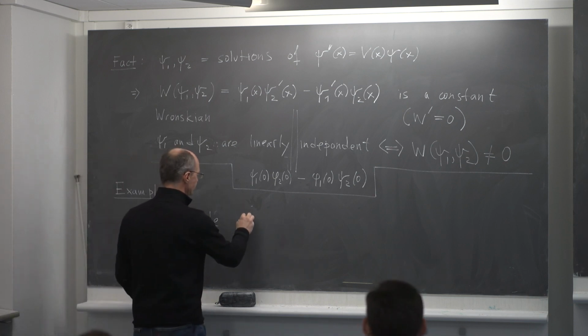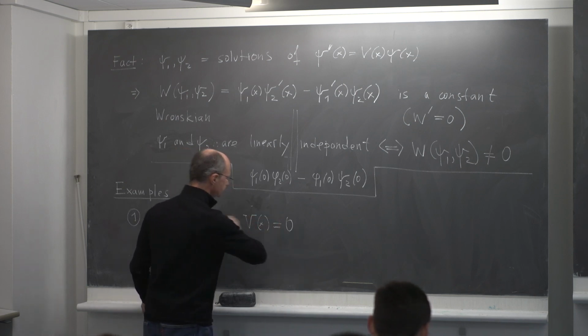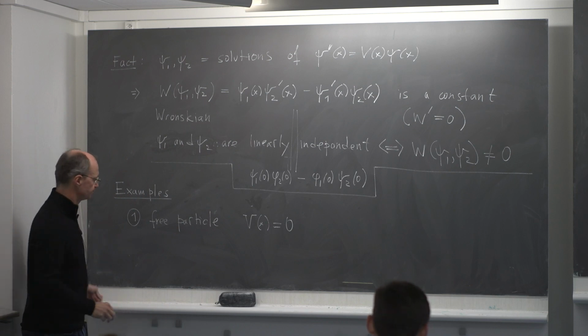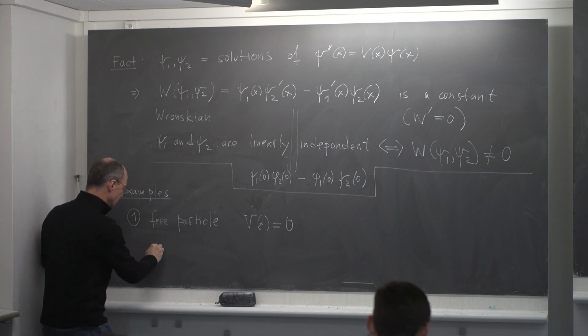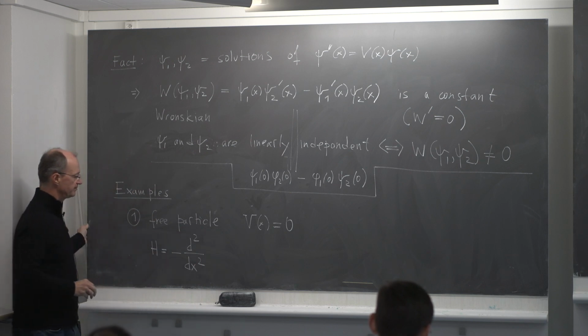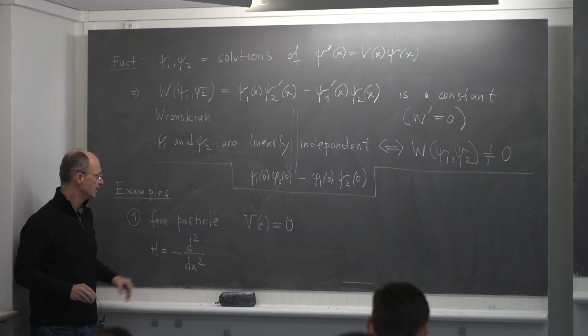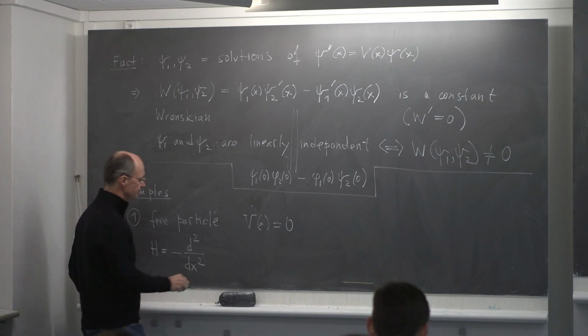So this corresponds to the case of V of x equal to 0. In the one-dimensional case, the Hamiltonian of our system is simply the second derivative. I now omit all the coefficients, so minus the second derivative.